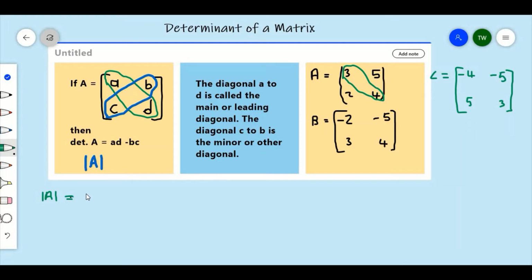So it's going to be 3 times 4. You can put this in a bracket, 3 times 4, minus the product of the other diagonal, and it's going to be 2 times 5 here. So it's going to be 2 times 5.